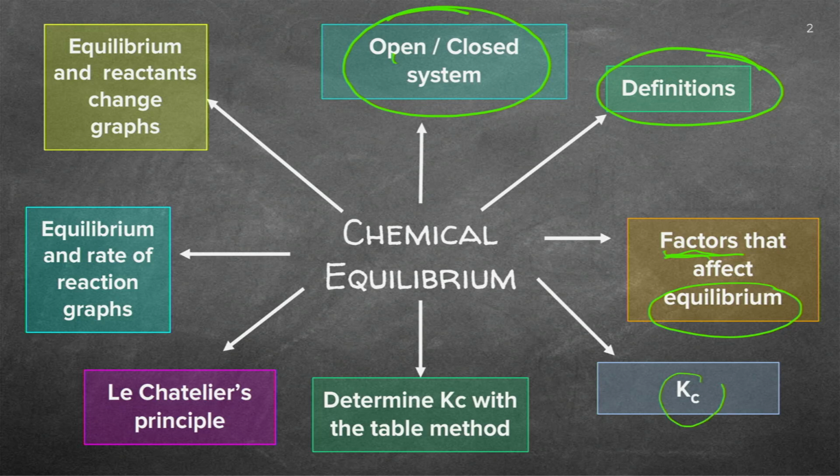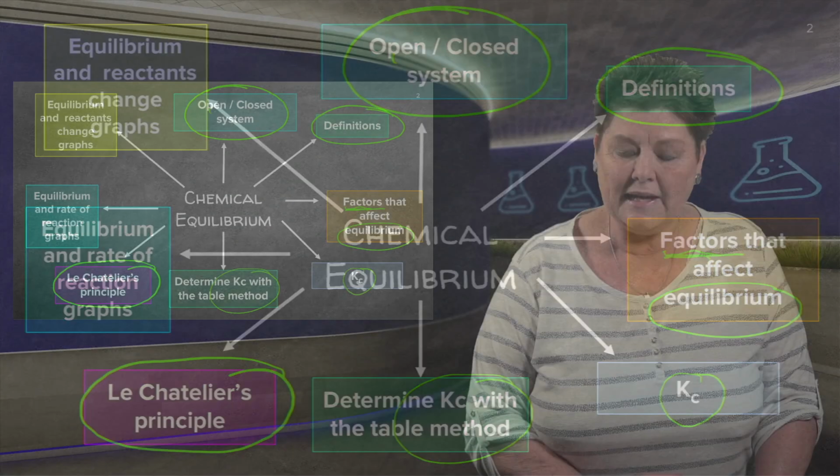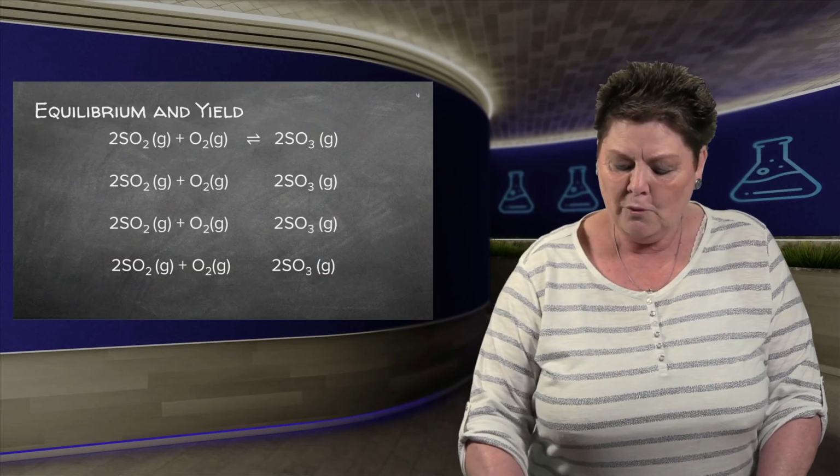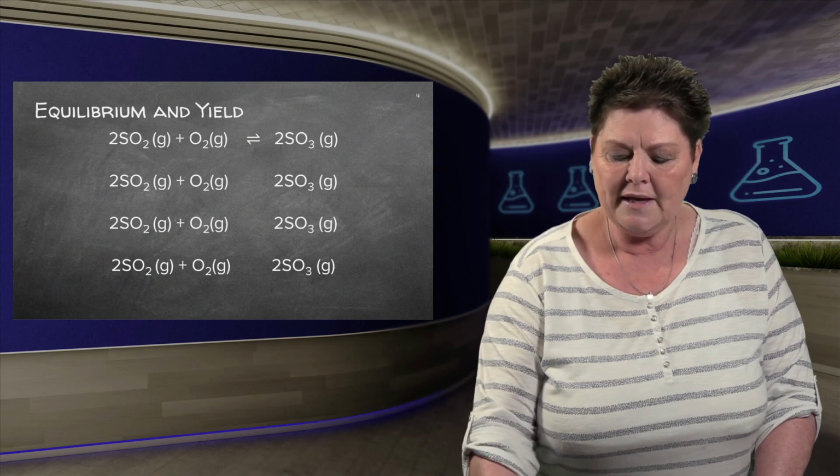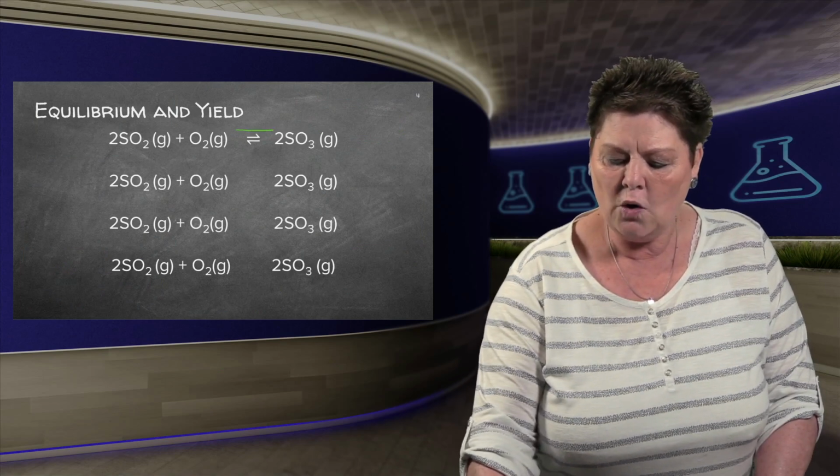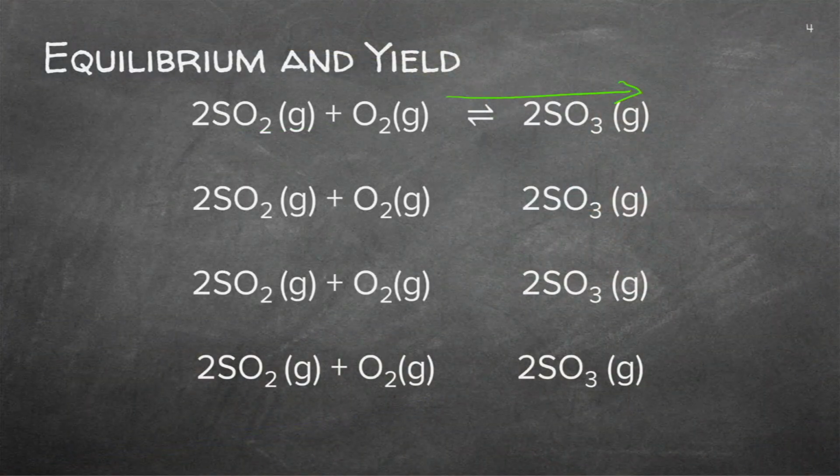We did calculate Kc and we determined the Kc with a table. Now we're going to have a look at what Le Chatelier actually found. If we have a reaction, it will go forward in the beginning.